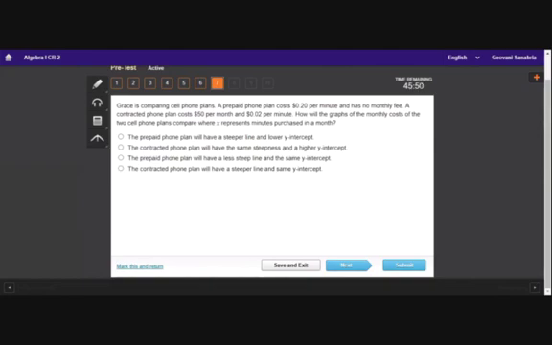Well, each month, one of them has to pay just straight up $50, and the other one doesn't have to pay $50. Right? Yeah. So on one of the graphs, it would start at $50 and then it's going to go up every month, adding 2 cents per minute. And then on the other graph, it would start at $0 and add 20 cents per minute.